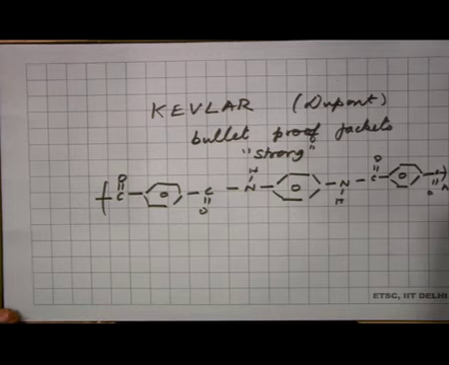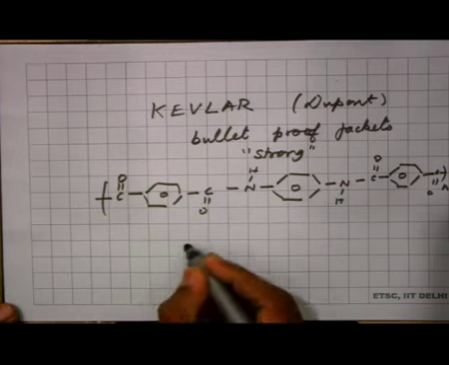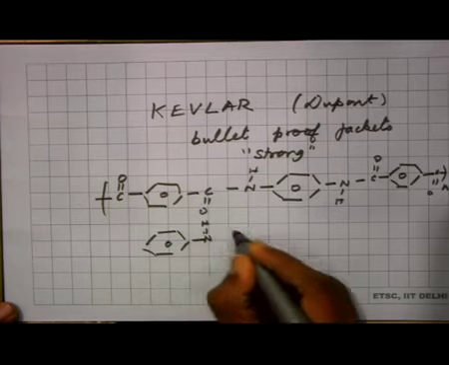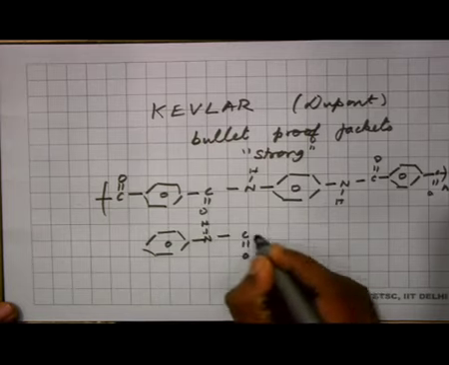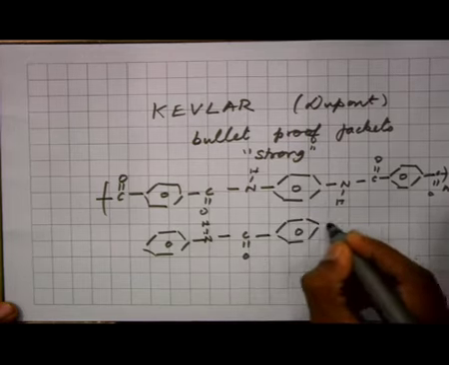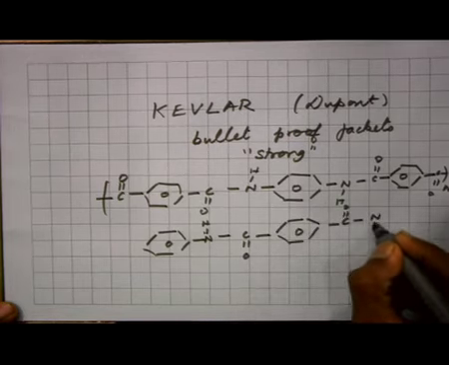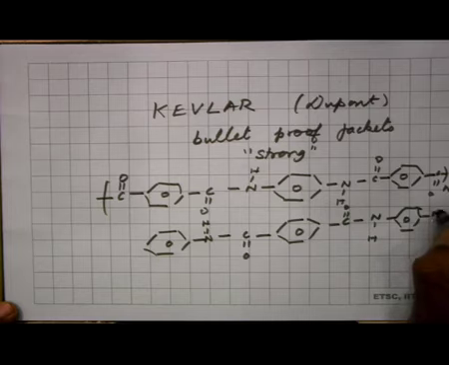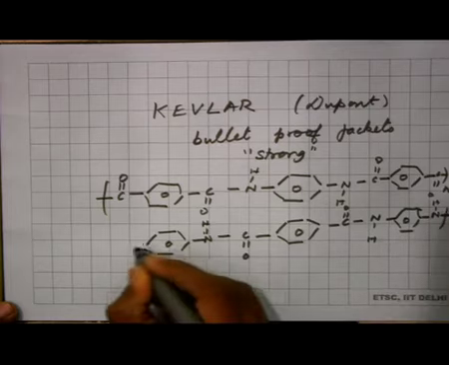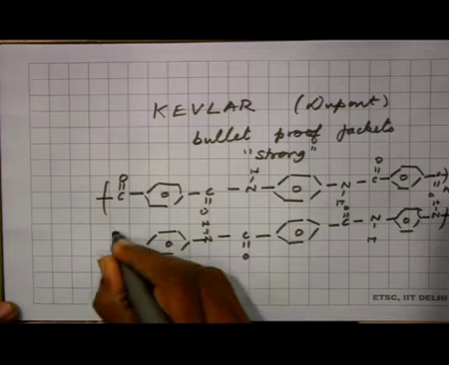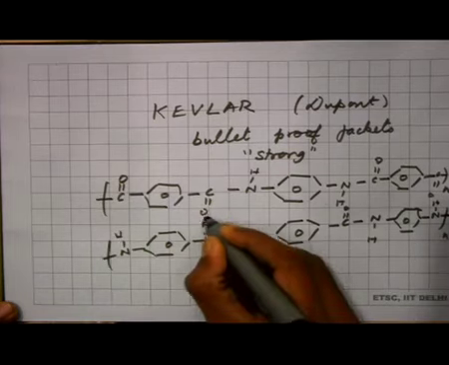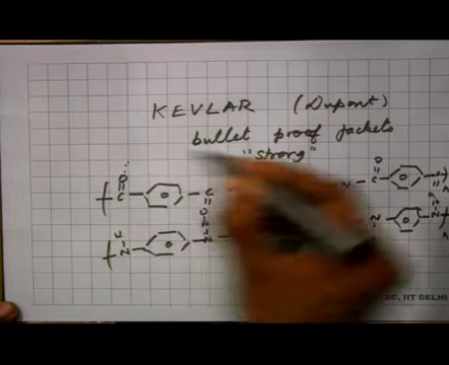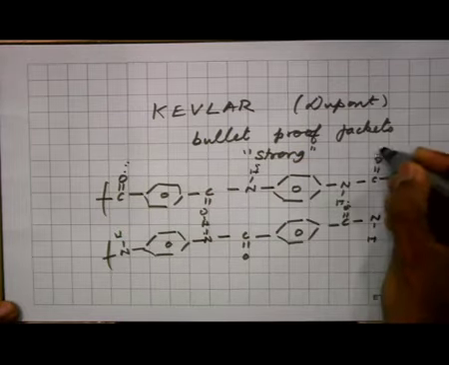Now, if I have one chain like this and if I have another chain which comes close to this, now you can see what happens. This is hydrogen bonded here, this is hydrogen bonded, this is hydrogen bonded, this will hydrogen bond to the one on the other side, and you can now see what happens.